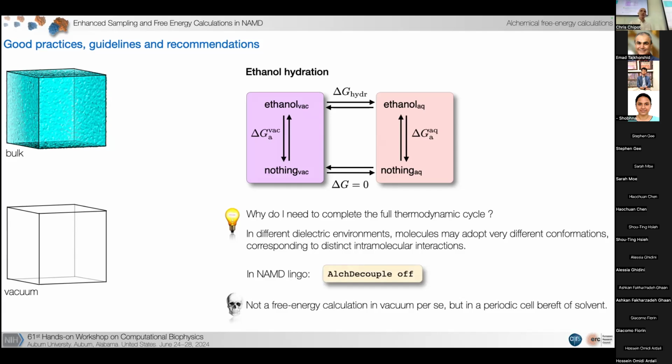If you put it on, it implies that the intramolecular, the intra-perturbed molecular interactions are the same in the gas phase and in the aqueous phase, and that you can make the economy of not simulating the gas phase. Nothing could be further from the truth.